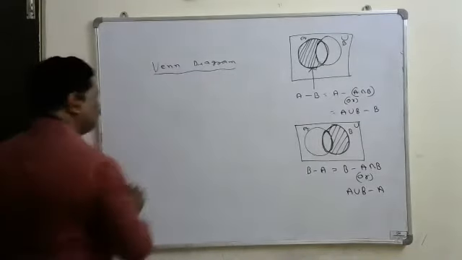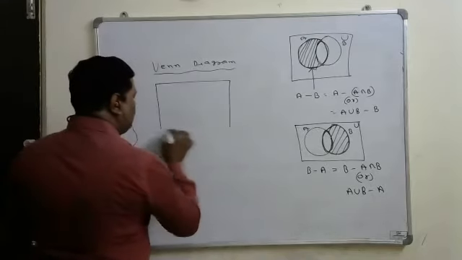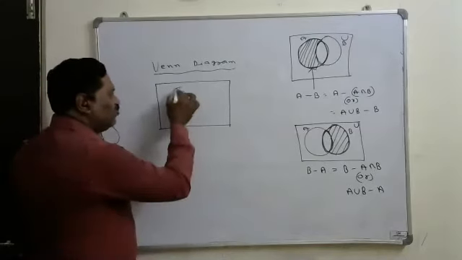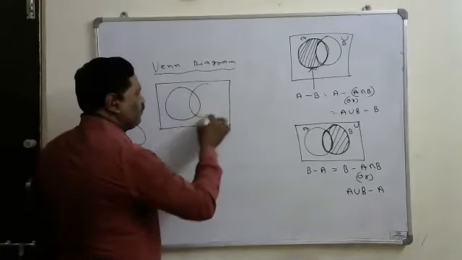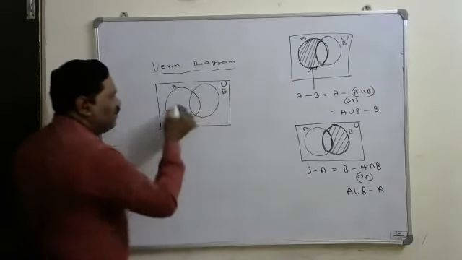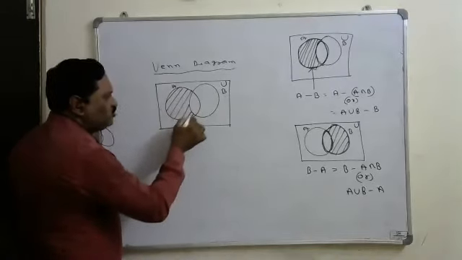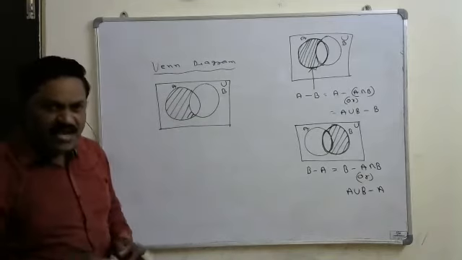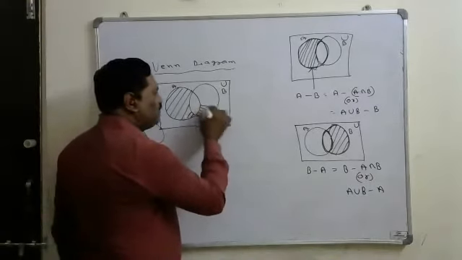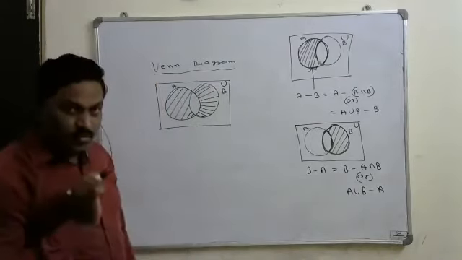Similarly, suppose I want to consider A delta B. A delta B means A minus B or B minus A. Through the Venn diagram we can represent it like this. This is the universal set, this is A and this is B. If I consider the area which is available in A only, this hashed area represents the area available in A only, and this hashed area represents the area available in B only.